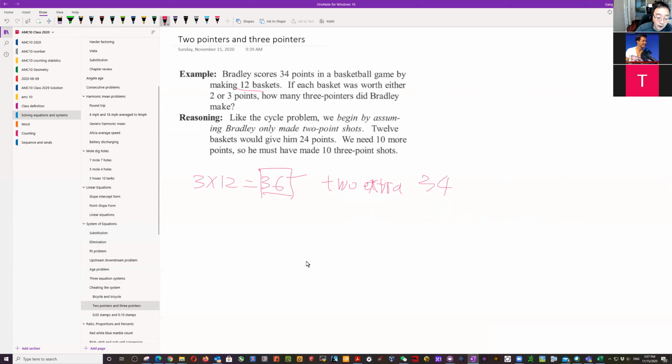If I replace one 3-pointer by a 2-pointer, I will get 1 point less. So in order to reduce 2 points, I need to replace 2 3-pointers with 2-pointers. So it's 10 3-pointers and 2 2-pointers. That's the way you can do this type of problem very quickly.